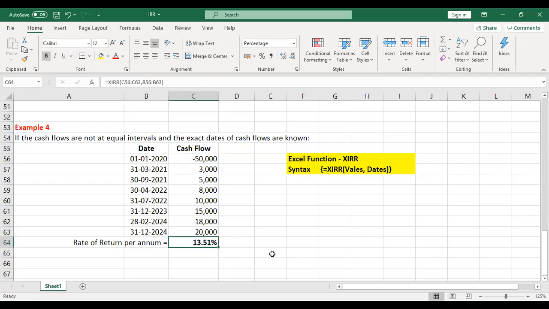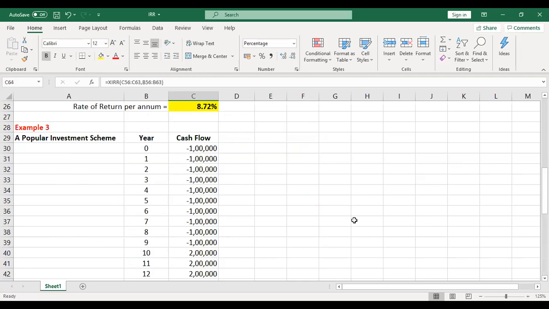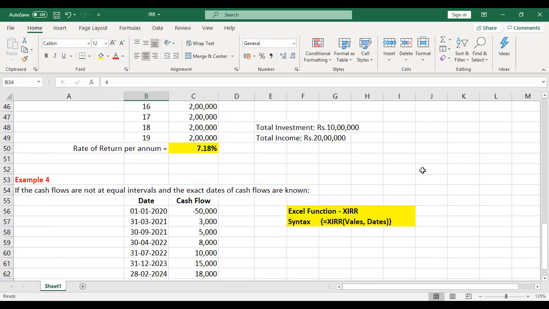13.51% per annum. This XIRR function can also be used in all the earlier cases. Only thing is, instead of putting 0, 1, 2, 3, 4 here, you will have to put the actual dates. If actual dates can be inserted here, instead of IRR function, you can also use XIRR function.